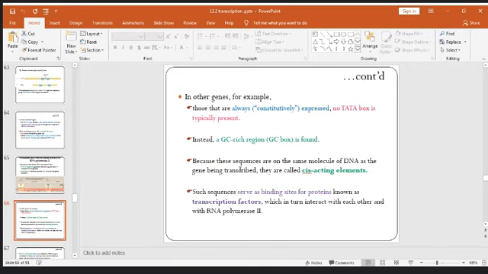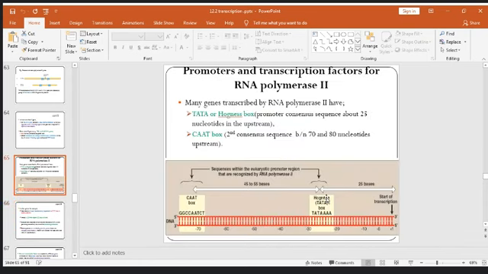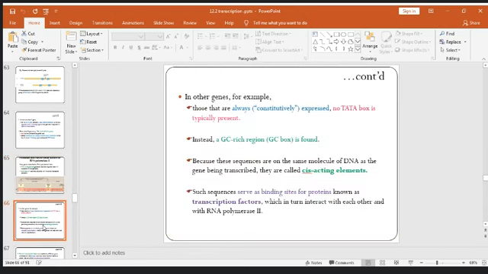And because those sequences are on the same molecule of DNA as the gene being transcribed, they are called the cis-acting elements rather than the promoter genes. ሁለቱም cis-acting elements ልንላቸው እንችላለን። So such sequences serve as binding sites for proteins, and those proteins are called the transcription factors, which can be used to facilitate the transcription process, and which in turn interact with each other and with RNA polymerase.